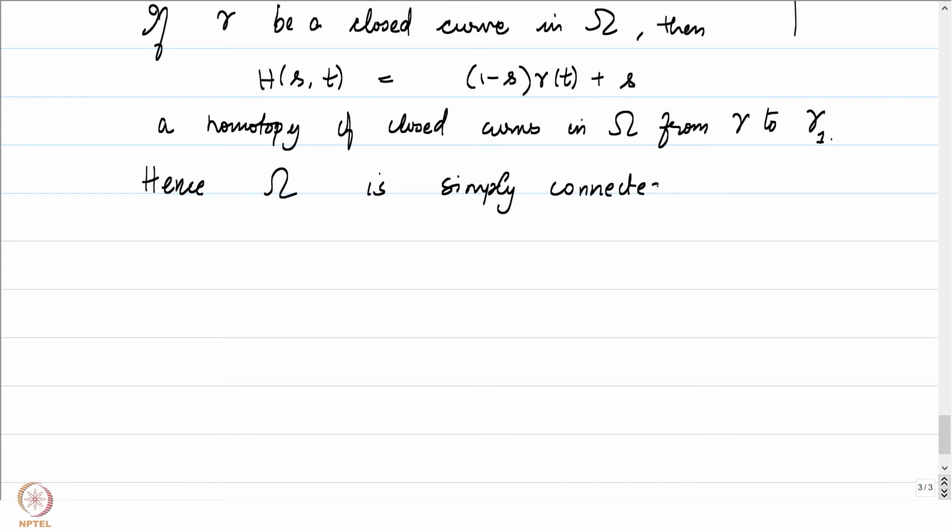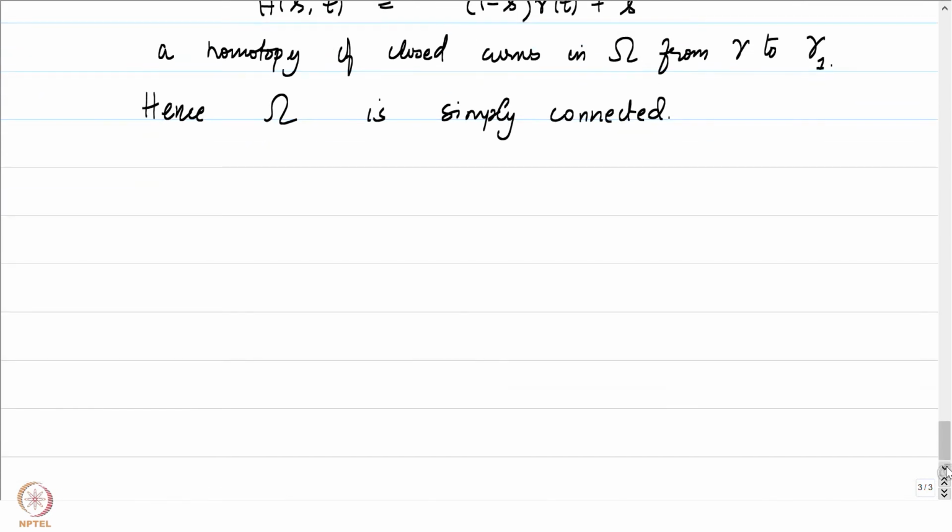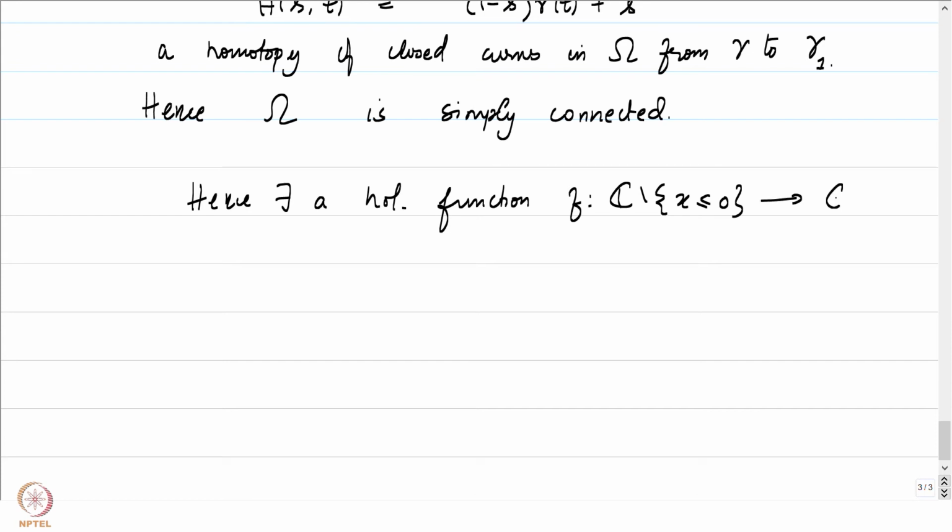And therefore, by what we had noted earlier, there exists a holomorphic function f on C minus the negative real axis such that the exponential of f of z is equal to z.